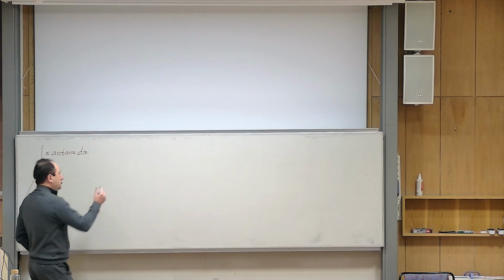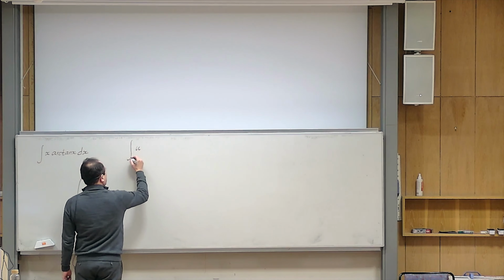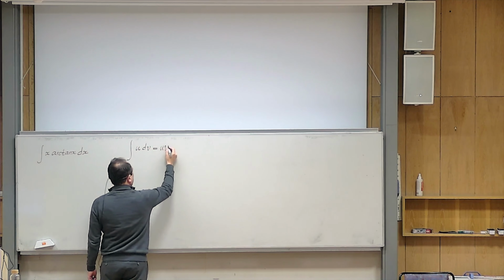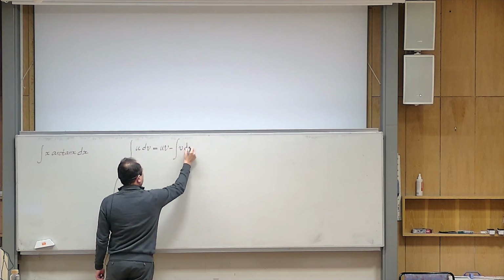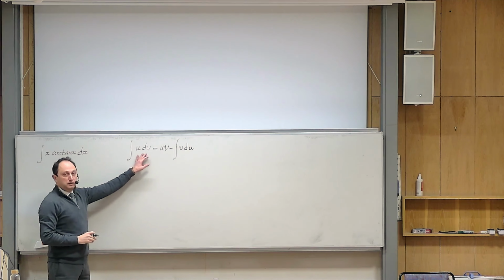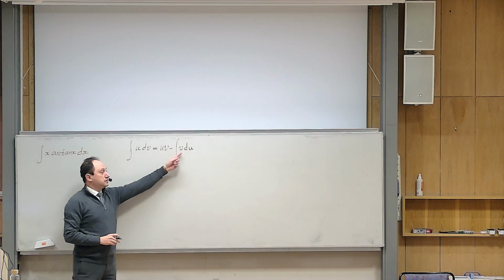In integration by parts, we have the integral of a function of x, say u, multiplied by dv. The answer of this integral becomes uv minus the integral of v du, where the roles of u and v are interchanged. This method of integration by parts reduces a given integral to calculating another integral.